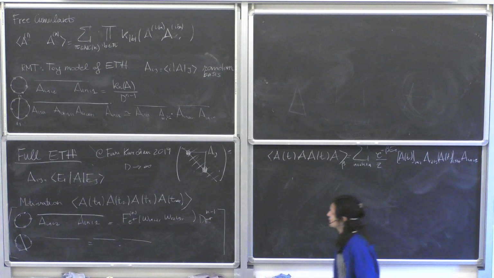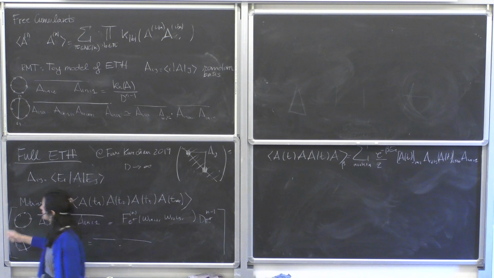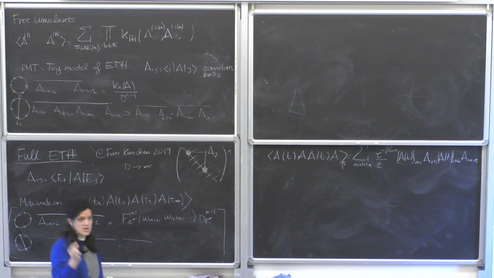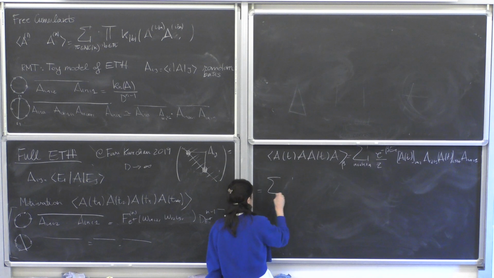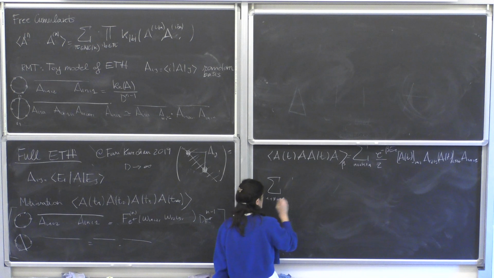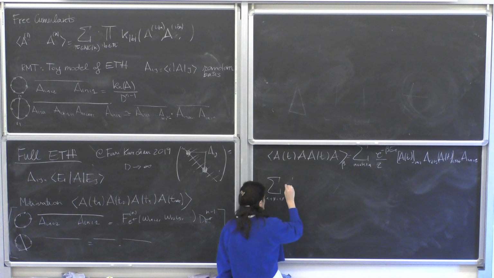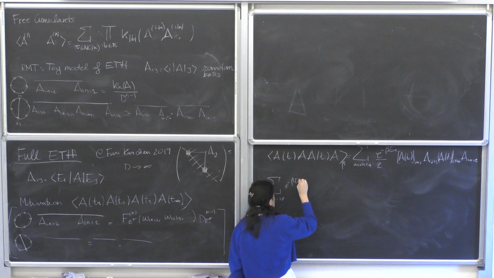Now if I want to use ETH, I have to start distinguishing all the possible arrangements of the indices. So what I want to do is sum, with different indices, all the possible arrangements. Let me write this in front.